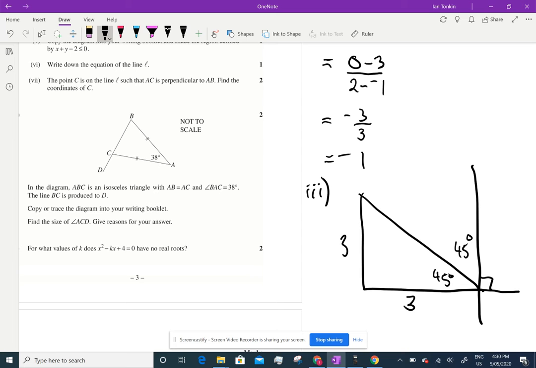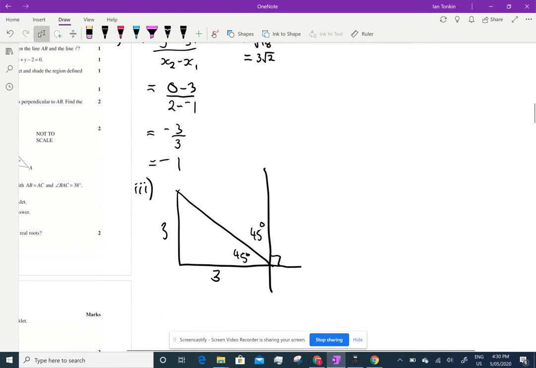But let's use our gradient. So tan theta equals the gradient. And remember, the angle is here. That's what it's going to tell us. So theta equals inverse tan of the gradient.